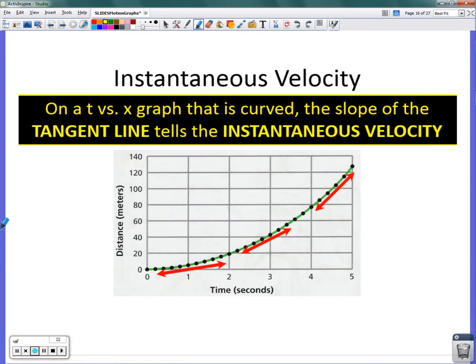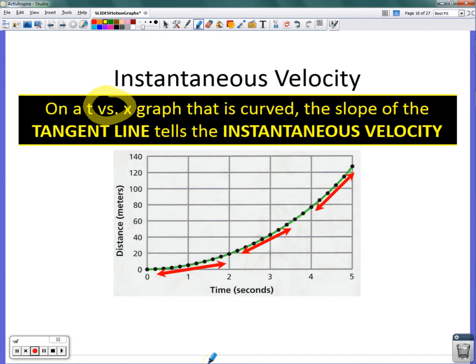On a position versus time graph, sorry, this should be x versus t, not t versus x, I apologize. On a position time graph that is curved, the slope of the tangent line tells the instantaneous velocity. Now in this class, we're not going to get real detailed in going into that idea or figuring out what the slopes technically are at those points in time. That's for a more advanced class.